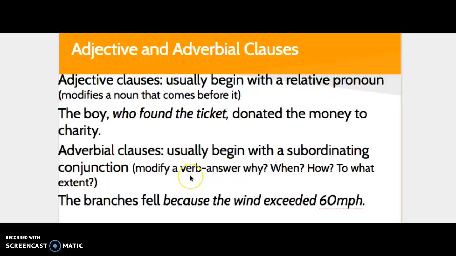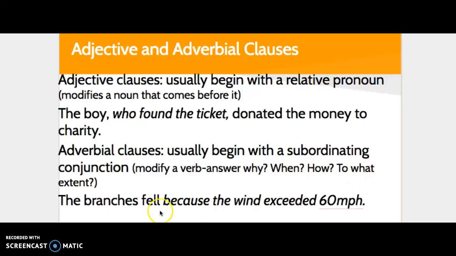In the second example, we have the branches fell because the wind exceeded 60 miles per hour. So if we look at the definition for an adverbial clause, they usually begin with a subordinating conjunction, and they always modify a verb. So the whole clause would answer the questions why, when, how, or to what extent.